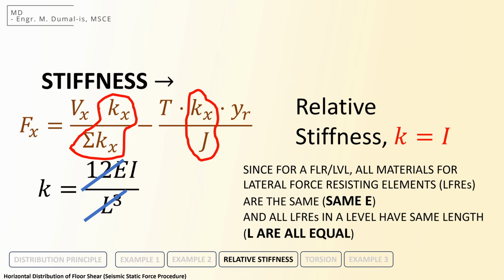Since E and L are common to all elements, they cancel out when calculating stiffness ratios. This allows us to equate stiffness K directly with the moment of inertia I of the element's cross-section, reducing the problem to comparing relative I values. This simplification, known as relative stiffness, streamlines manual computations while preserving the proportionality required for accurate force distribution.